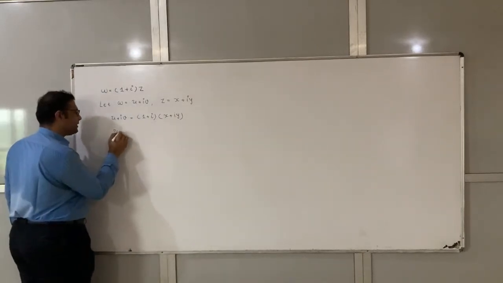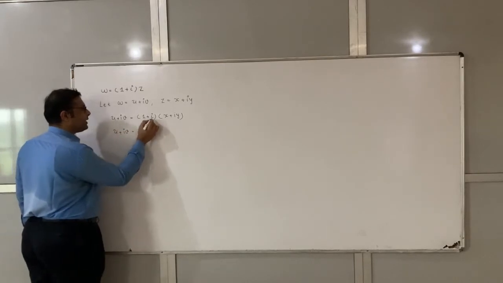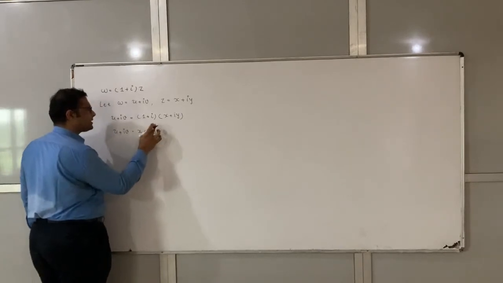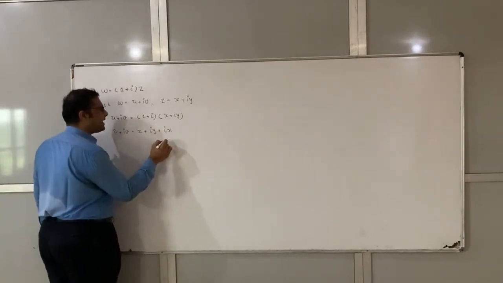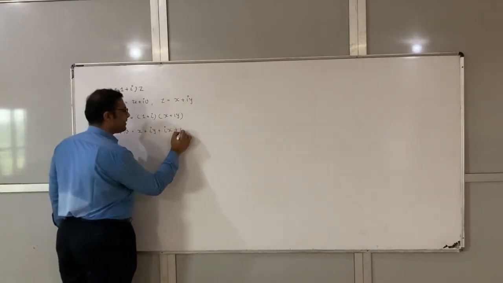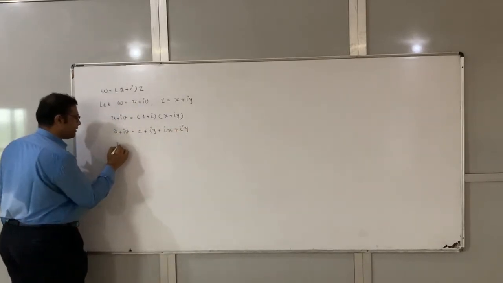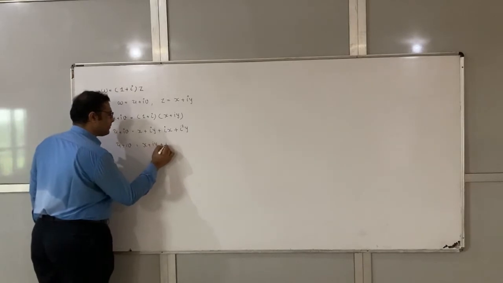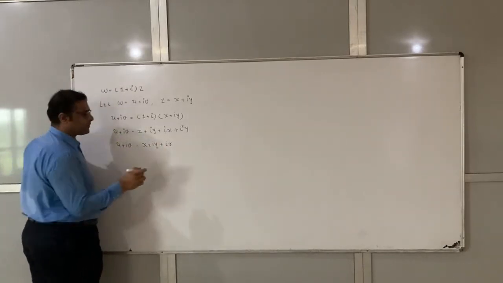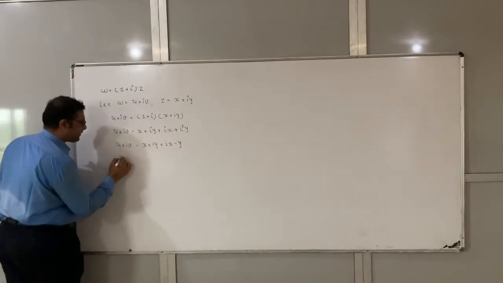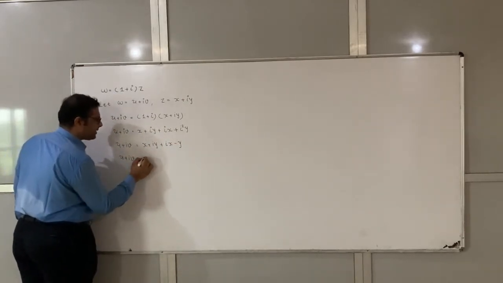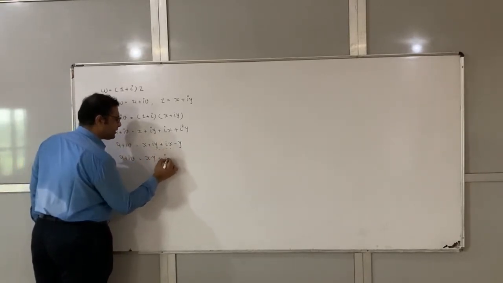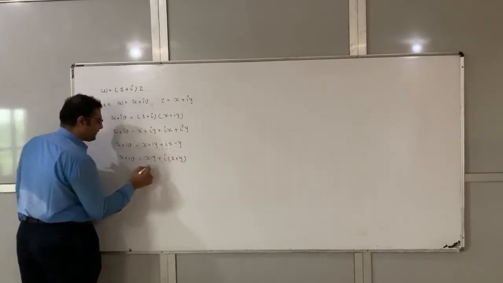So we can say that u plus iv is equal to 1 into x plus 1 into iy plus i into x, that is ix, plus i into i squared y. So u plus iv is equal to x plus iy plus ix. Now i squared is equal to minus 1, so it is minus y. Separate real parts and imaginary parts, so x minus y. Now from these two terms take i as common, so i into x plus y.